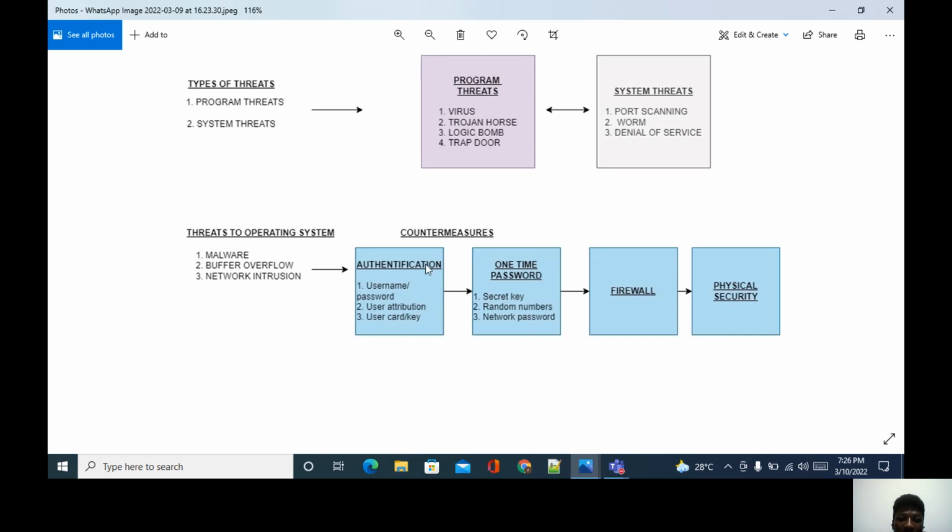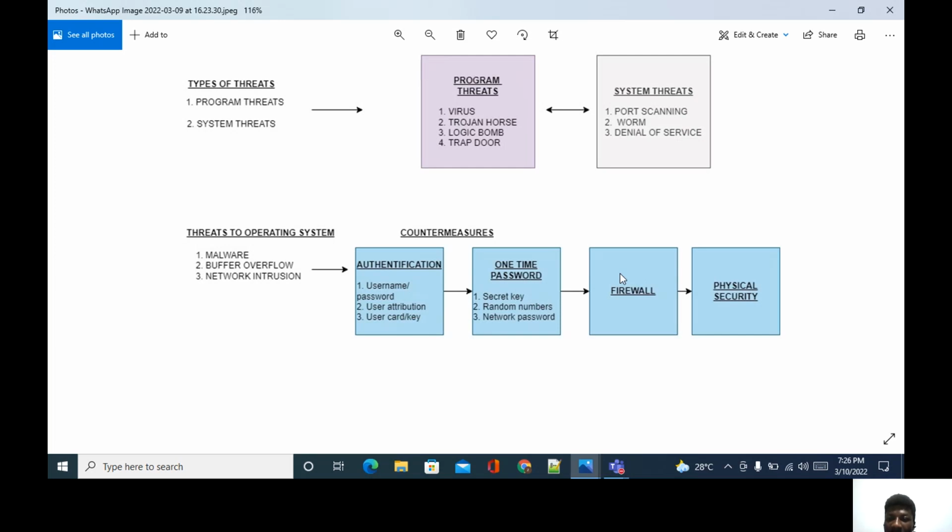So they all fall under authentication to make the system secure. Again, we also have one-time password, and it includes secret key, random numbers, and network password. We also have a firewall to also make the system secure.